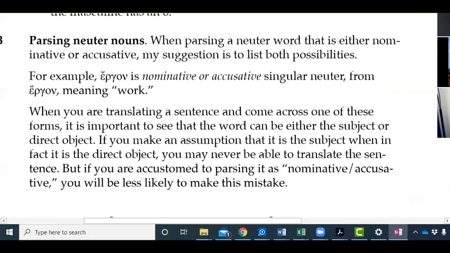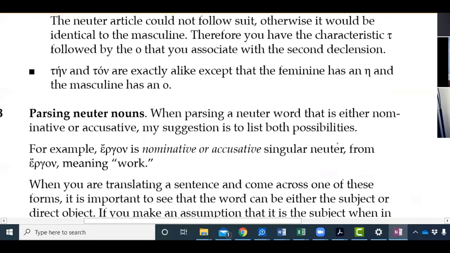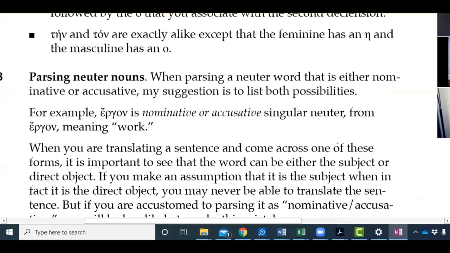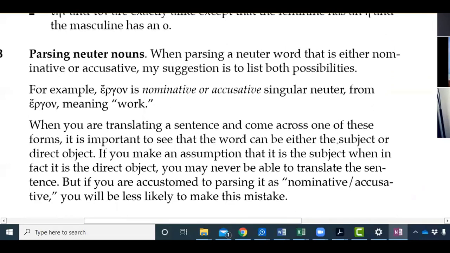Alrighty, now parsing. When you're parsing a neuter word that is either nominative or accusative, because formally it can be both, Mounce suggests that you list both. For me, that's not a suggestion. If I'm giving you a parsing exercise, you need to list both. That will be part of the right answer, okay?